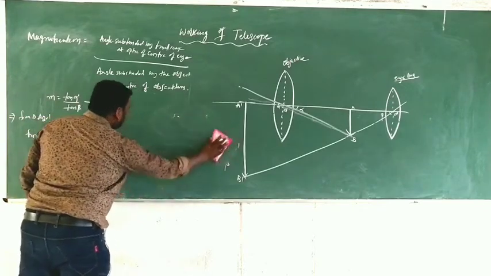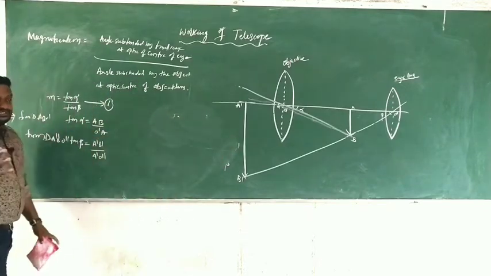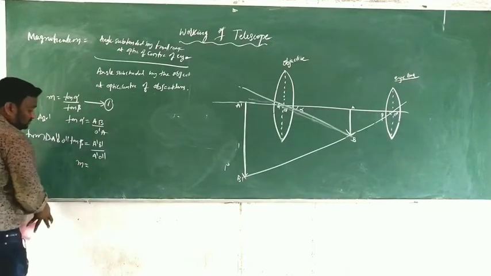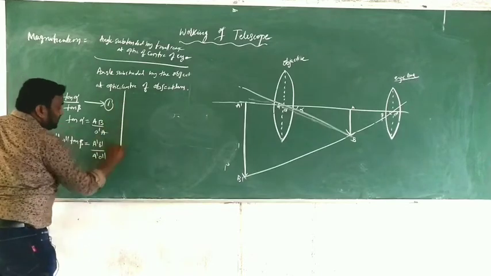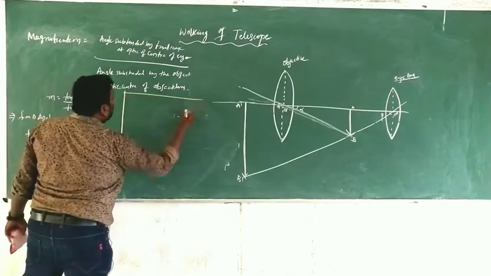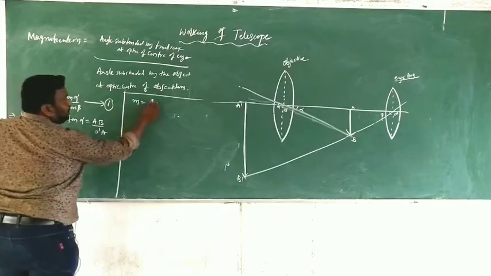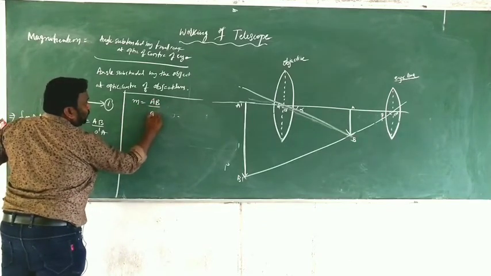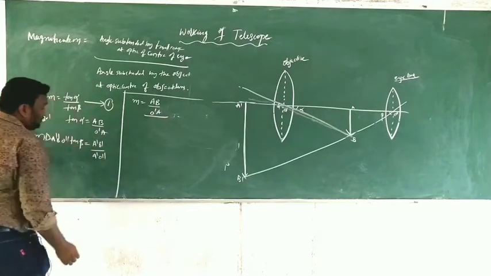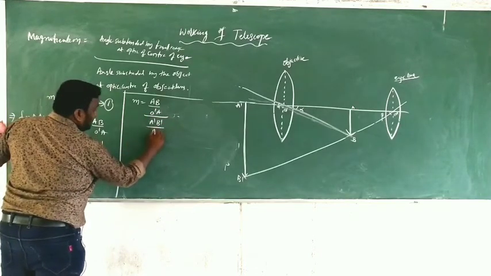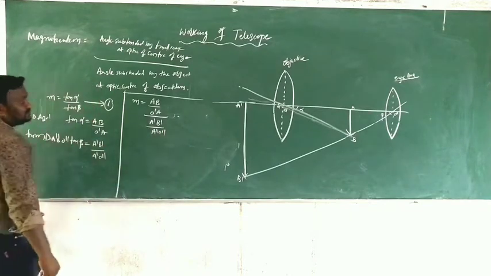After that, we have to substitute these values in equation number 1. Then what do we get? I am substituting here. M is equal to tan alpha, which is AB by O dash A, divided by A dash B dash by A dash O double dash.